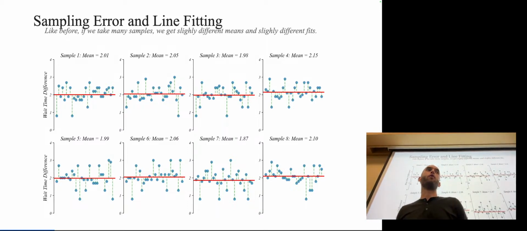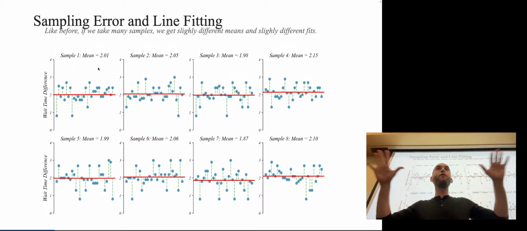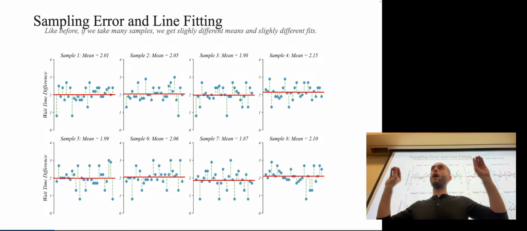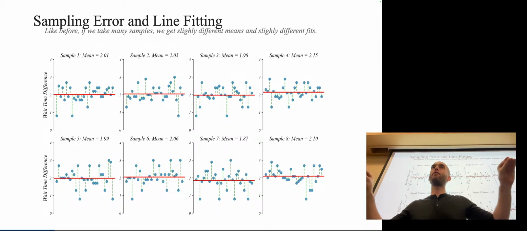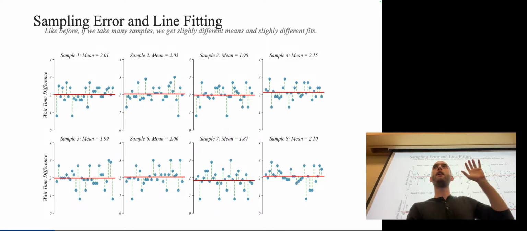So just like we did before, taking a sample mean, when we're fitting a sample with a line, we get variability in the data and in the model. And just like before, when we were talking about t-tests, if this is feeling familiar to you, that's on purpose. This is exactly the same type of thing we've been doing, just from a different perspective. Each time we run a fitted model on each one of these samples, we get a slightly different mean.